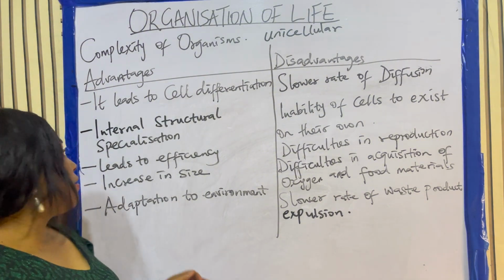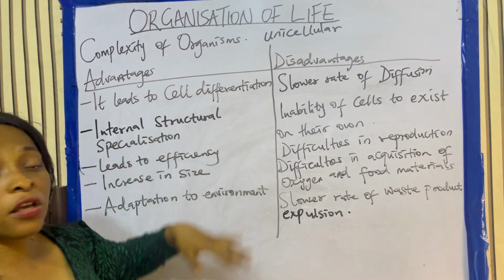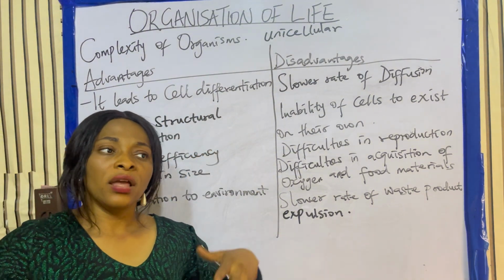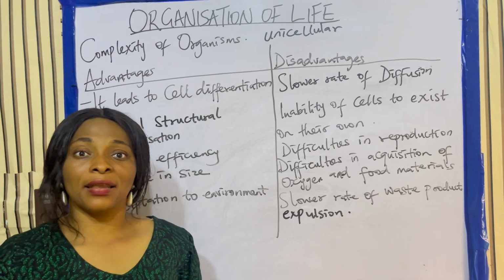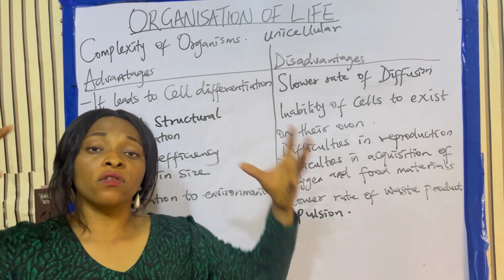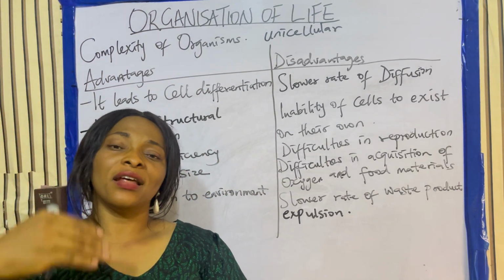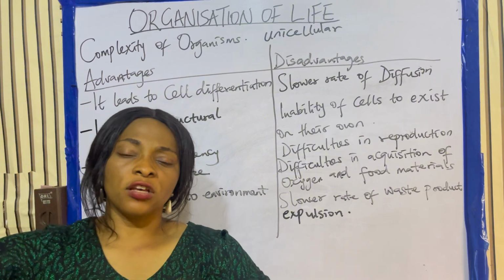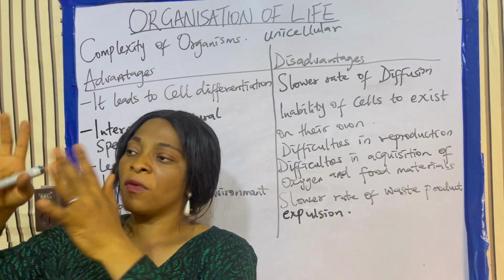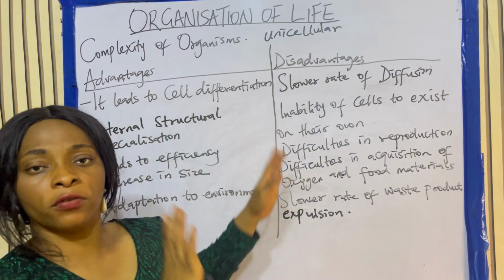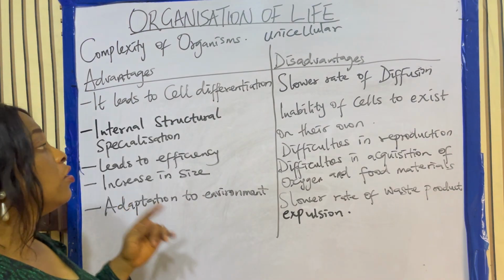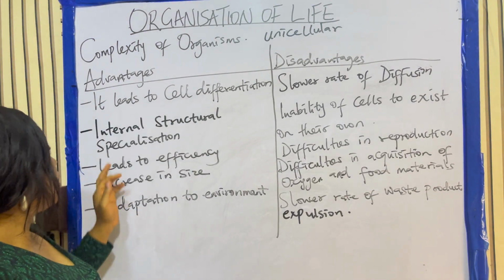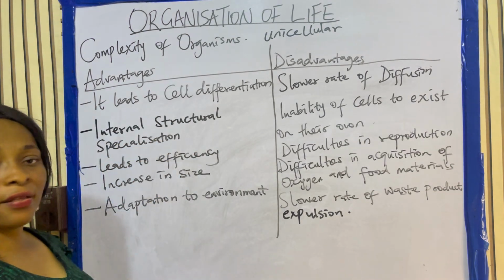So let's look at the advantages of this complexity in higher animals. Number one, it leads to cell differentiation. Imagine man, as man is, has billions of cells. You find that there is a differentiation between the cells responsible for this and the cells responsible for that. Secondly, it leads to internal structural specialization.